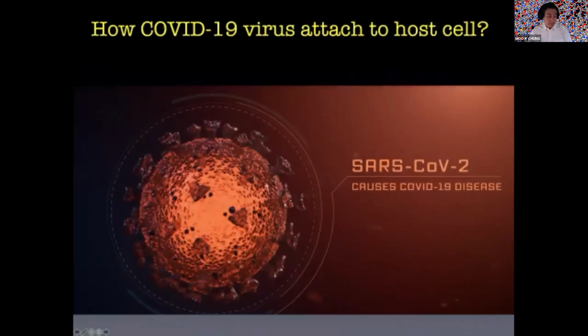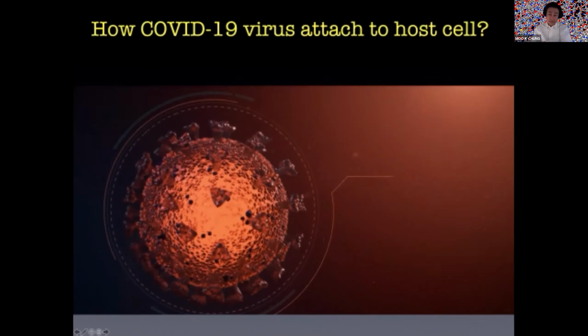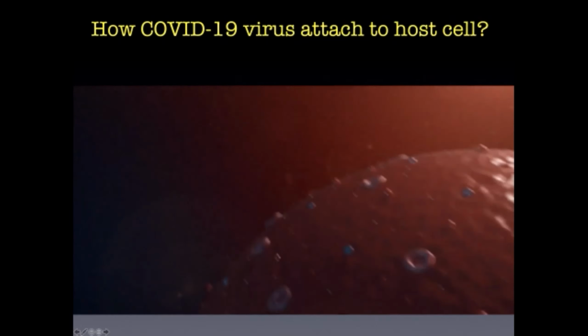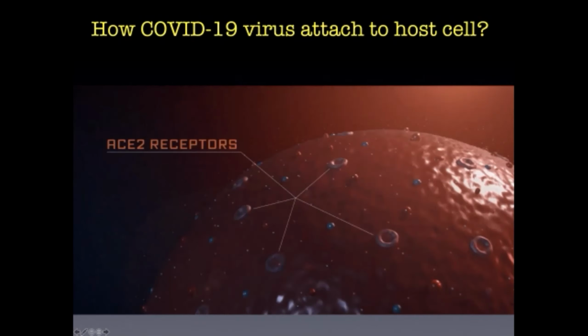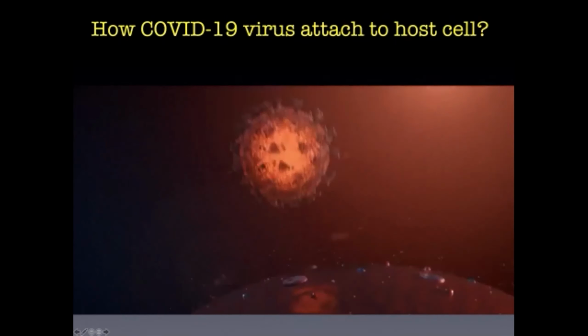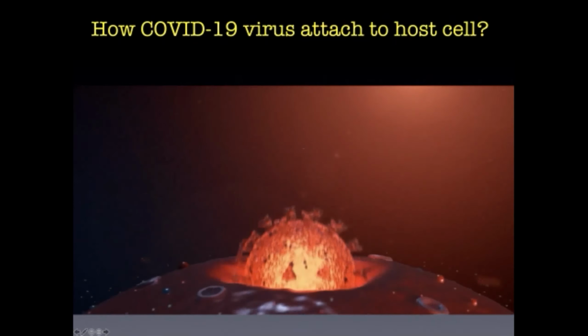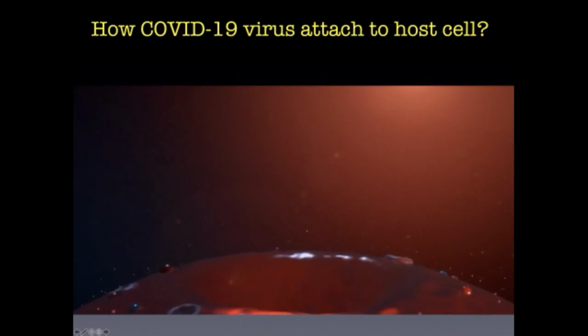SARS-CoV-2 is the novel virus that causes the COVID-19 disease. The ACE2 receptor exists in abundance on the surface of lung cells and is a target for the SARS-CoV-2 virus. The spike proteins protruding from the virus attack ACE2 receptors to gain access to the interior of the human cell, where they can.